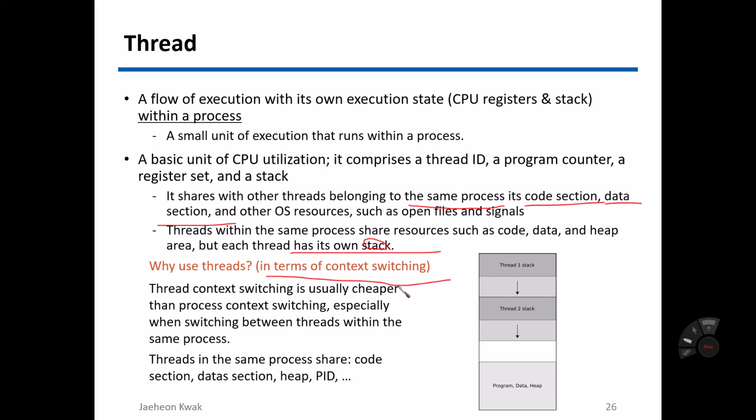Threads within the same process share the code section, data section, and memory spaces, so context switching among threads within the same process is much faster and cheaper than context switching among processes. We don't have to do extra things to handle them during the context switching. That is one more advantage of using threads.